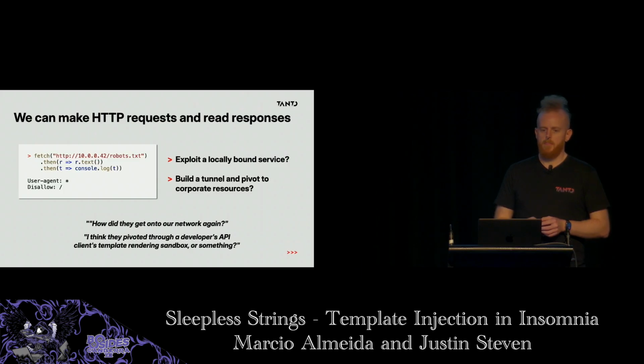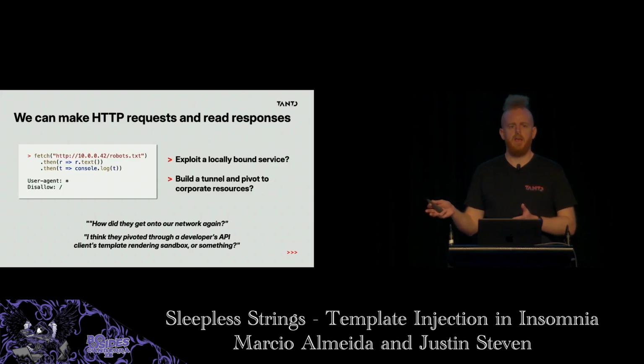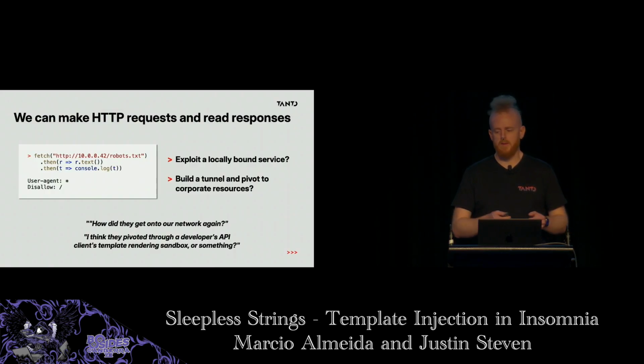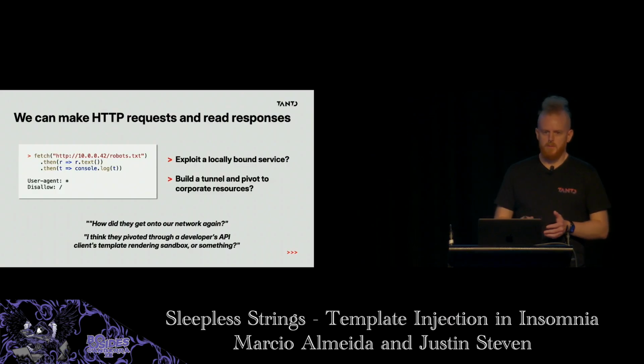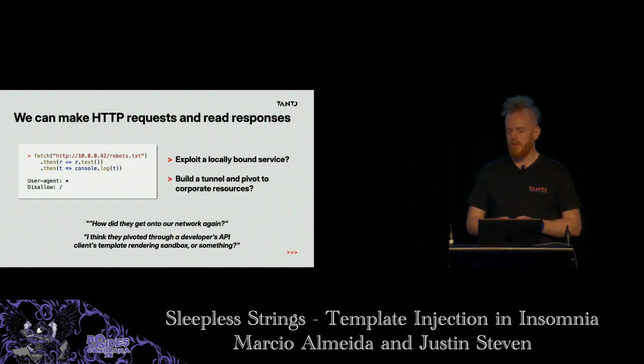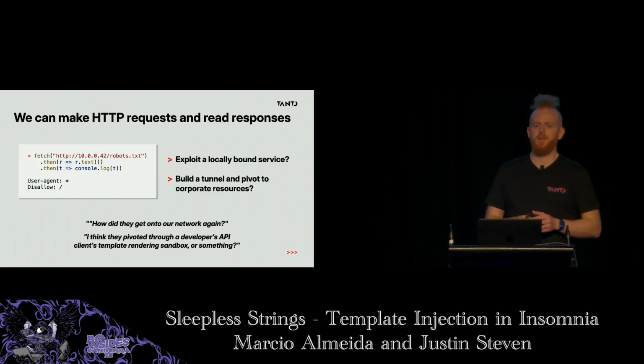From JavaScript, from Electron, even with node integration disabled, we can still make arbitrary HTTP requests to stuff on the local network and read the response. Maybe you could build a tunnel so you could squeeze yourself through someone's Insomnia. I'd love to read the pen test report where someone was able to burrow into an internal network through something like this. I think that would be super cool.